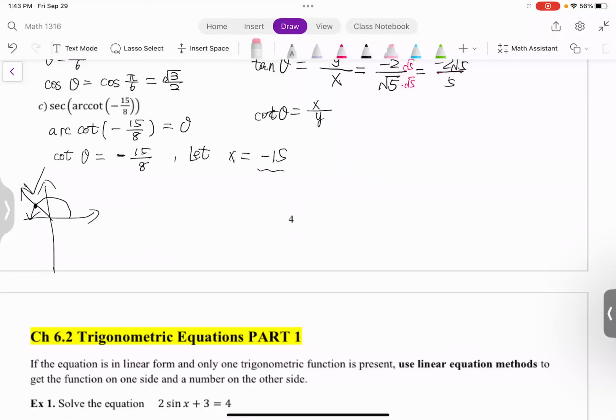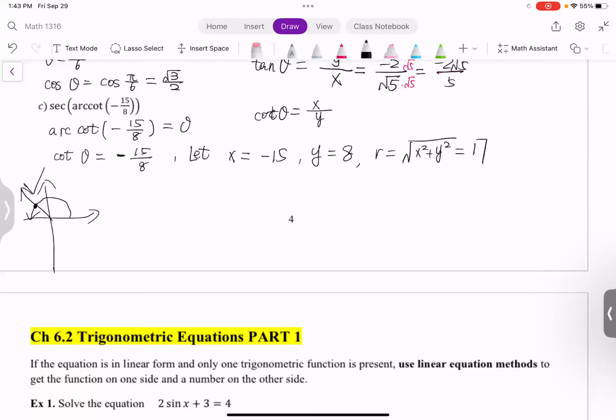And what is y's value? Y equals positive 8. How to find r? R equals square root of x squared plus y squared. Do the computation, I got 17, because it's 15, 8, and r must be 17.